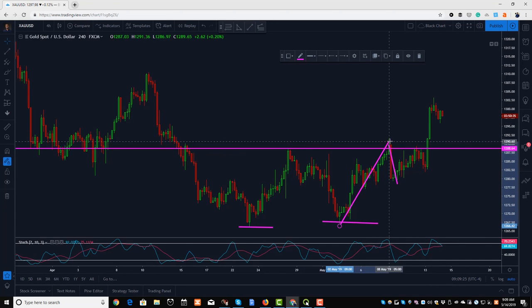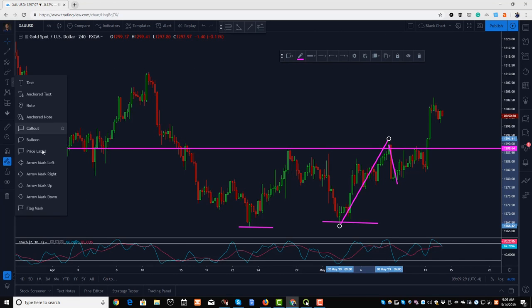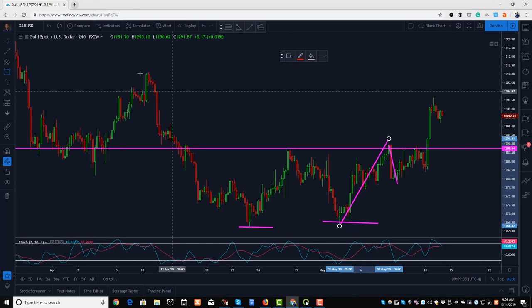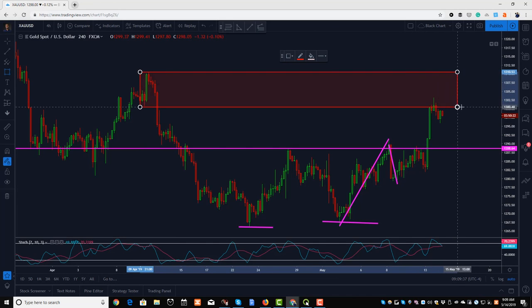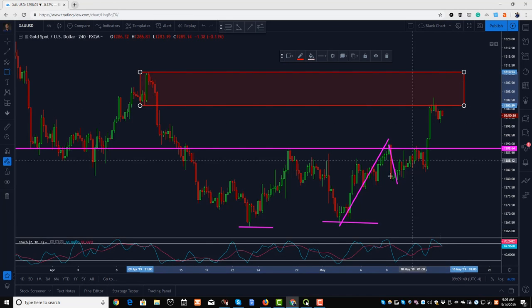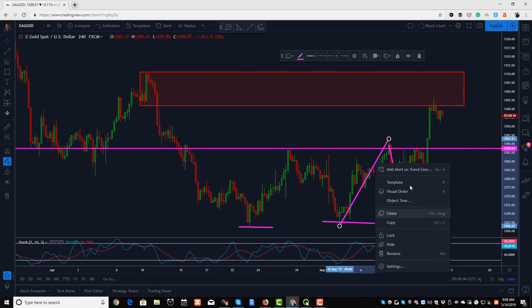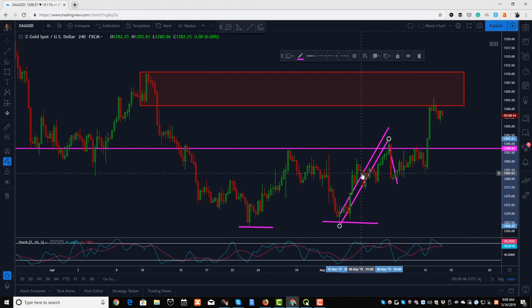And if you remember, we started doing projections. We had a bigger zone up here that we were shooting for. If I can find this. We're looking at a 1-to-1 measured move, which I believe we're a little bit short of a 1.618.